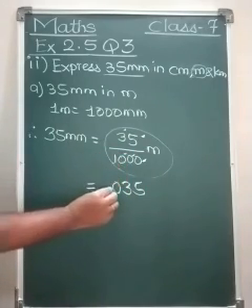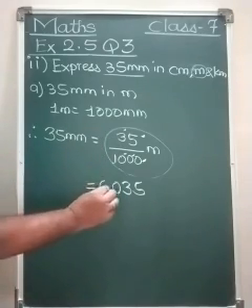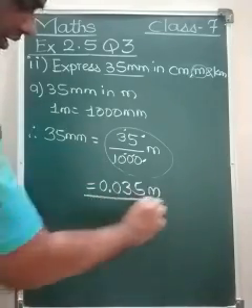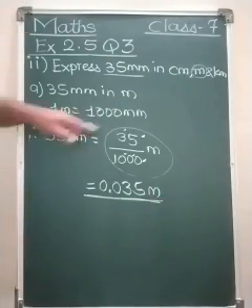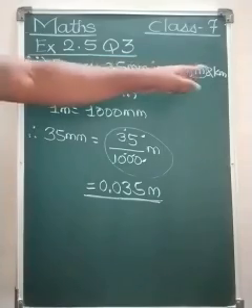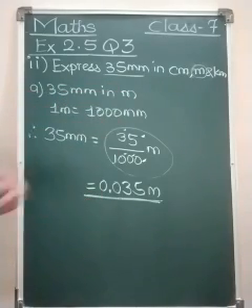Now 1 is there, so when 1 comes, decimal point, and no other figures here, so 0.035 meters. Actually, this is the answer, and this fraction we are going to use again while converting into centimeters and kilometers. So very easily 35 millimeters is converted into meters.